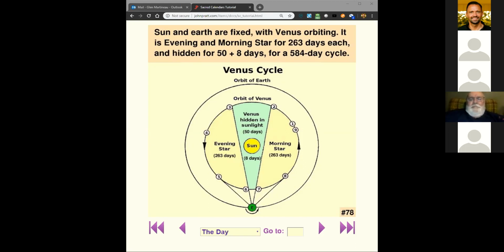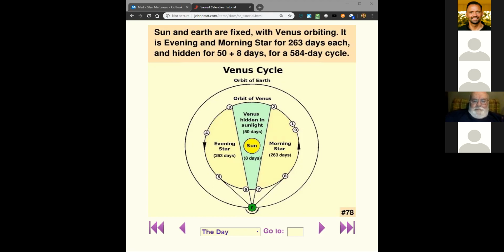And it's about 8 days on the average. It can go from 0 to 15. In fact, it can go from less than 0. There are times when you can see it set as an evening star and rise. You can see it rise in the morning and still set as an evening star. Anyway, on the average, it's about 8 days between the two phases.